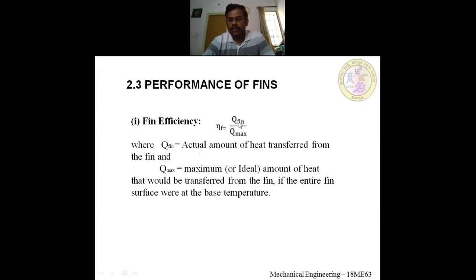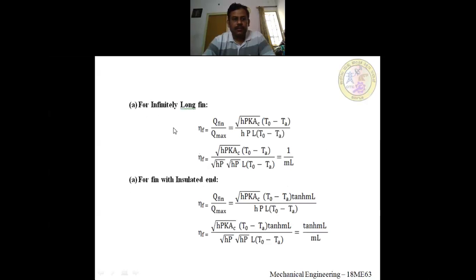So it is the heat lost with the actual fin to the maximum possible heat transfer that can occur, if the entire fin is maintained at base temperature. Here I have derived the efficiency of the fin for two cases. The first one is for an infinitely long fin.